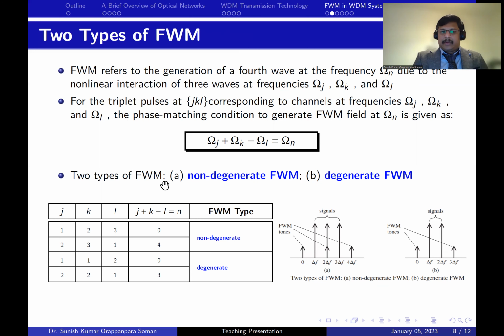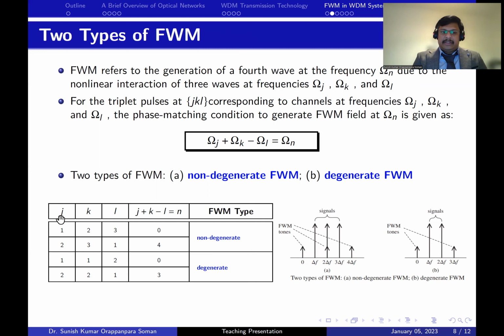So there are 2 types of four-wave mixing. One is non-degenerate four-wave mixing, and the second one is degenerate four-wave mixing. This depends on the index values which take part in the generation of four-wave mixing. Here you can see the different combinations of j, k, l that generate non-degenerate and degenerate components. From this table, it is clear that in the case of distinct indices j, k, and l, we get non-degenerate.